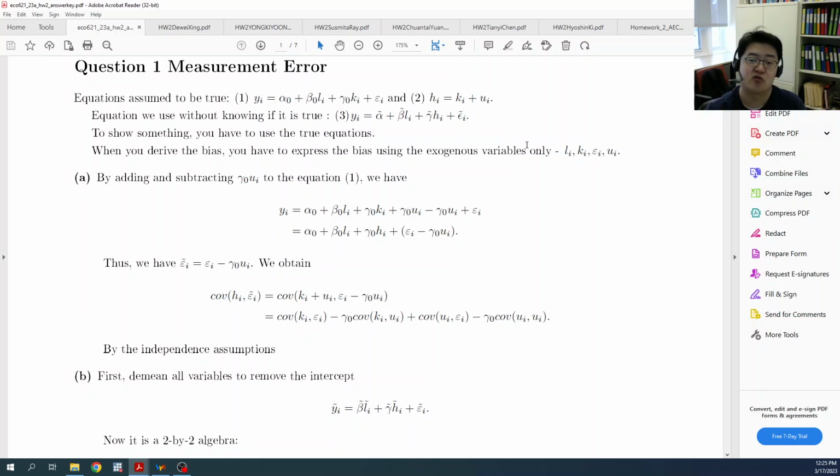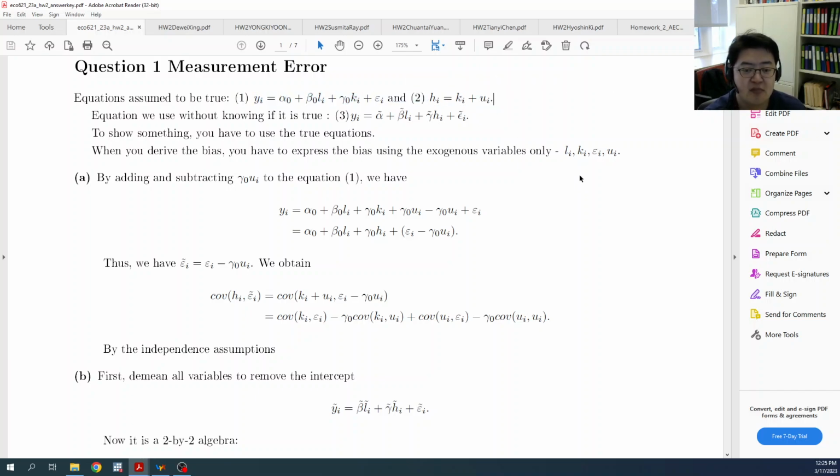So it is not the truth. So all the objects in here, for example, epsilon tilde, mean nothing. It is just an arbitrary residual, based on your approach. So you don't know what this is, and when you analyze what you're doing, you have to utilize these two equations.